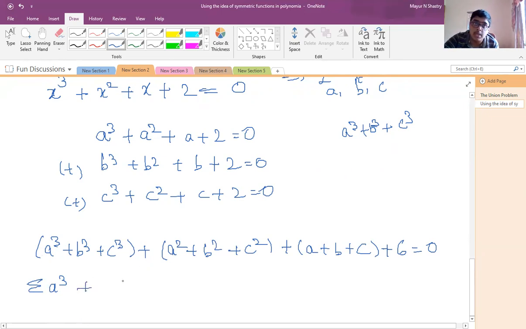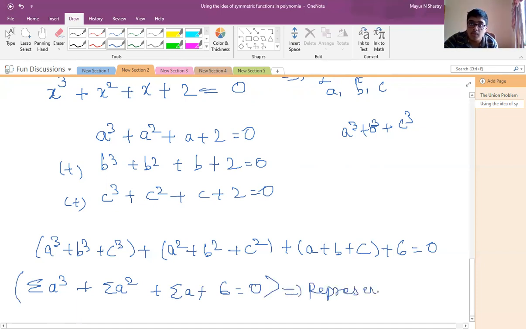And we can write this as sigma a cube plus sigma a square plus sigma a plus 6 equals 0.